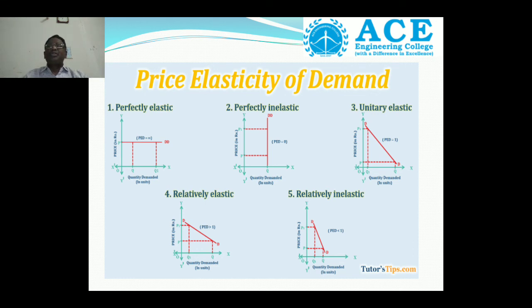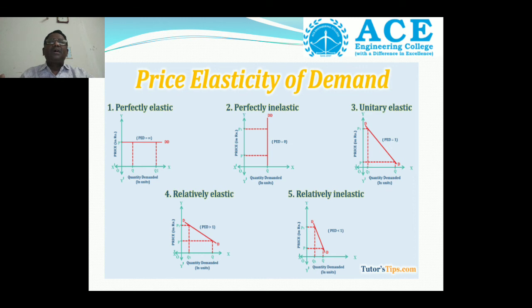First we should go through the perfectly elastic demand curve. The perfectly elastic demand curve shape is horizontal to the OX axis. Why is it horizontal to the OX axis? Because the price of the product changes only at a negligible level, which is treated as infinity.